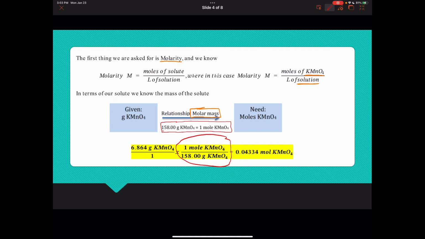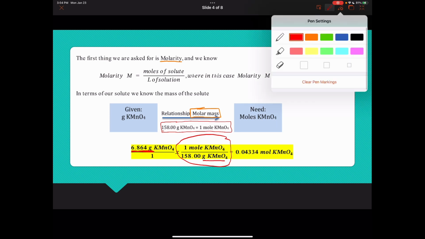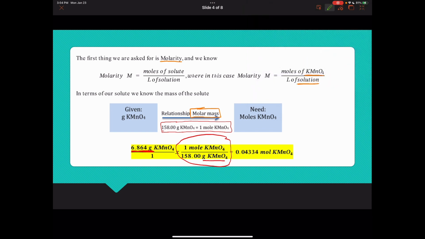We need to set this up so units cancel. We start off with grams in the top of our fraction, so when we set up this unit conversion, we need to have the 158 grams on the bottom, with the 1 mole on the top.